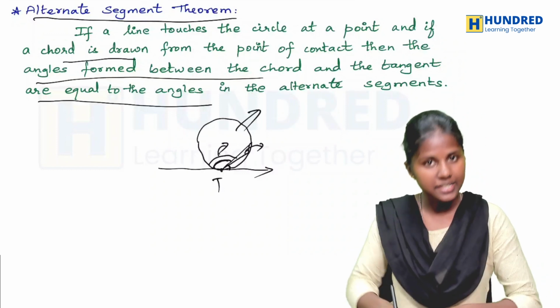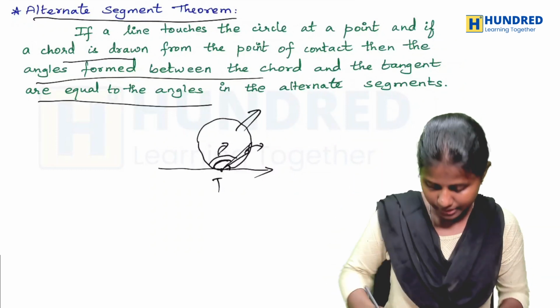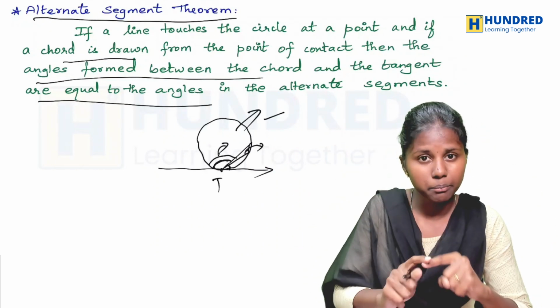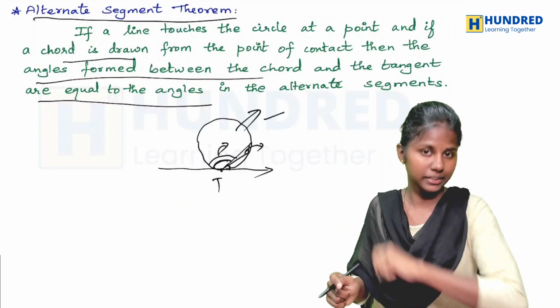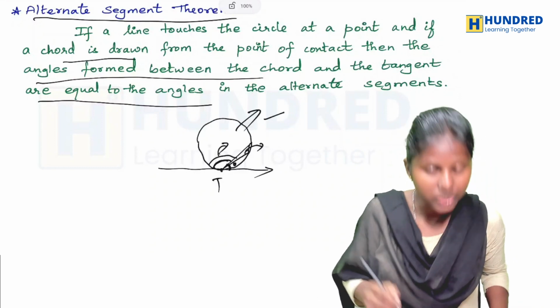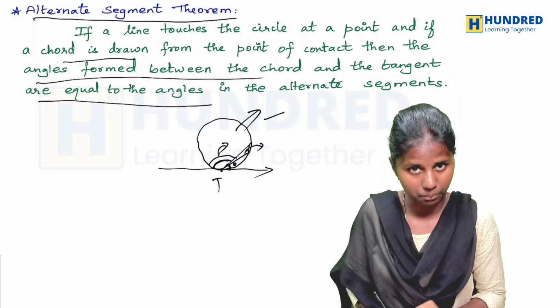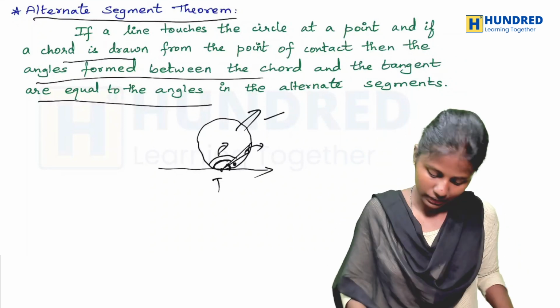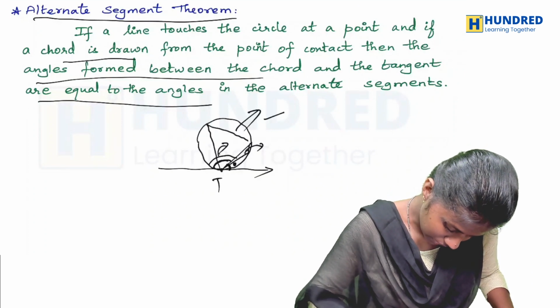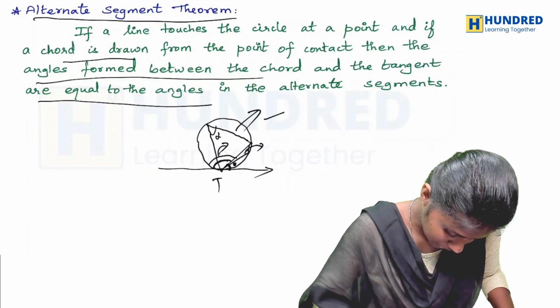This angle lies in the major segment, then this angle will be equal to the angle made by the chord in the minor segment, and this theta which is formed in the minor segment will be equal to the angle made by this chord in the major segment.